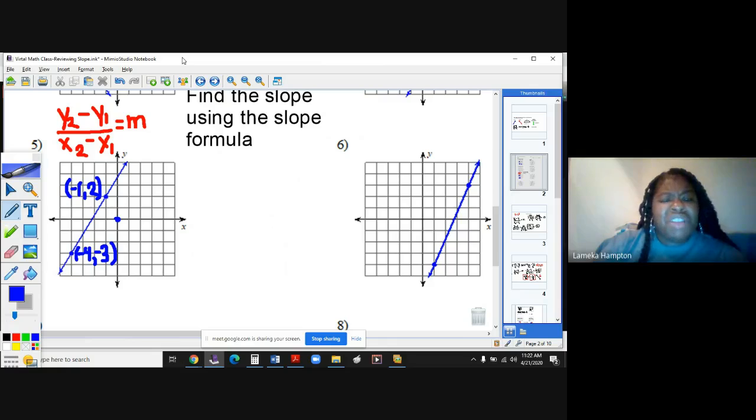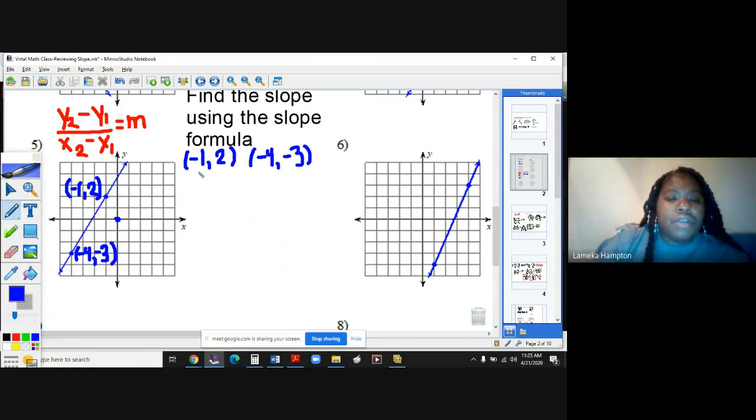Not really, and not necessarily. Me personally, I just go with whatever catches my eye first. Because I plotted this point first, I am going to use -1 and 2 as my first set, and then I'm going to use -4 and -3 as my second set.